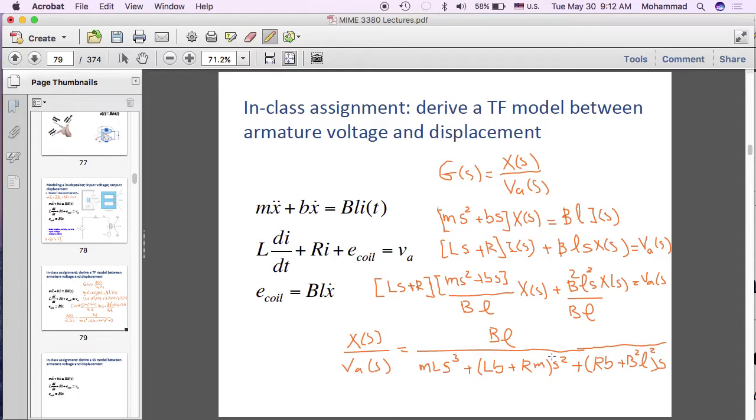Therefore, the relationship between velocity and applied voltage, if this is G of s as we indicated at the top, velocity over VA of s is going to be s times G of s.